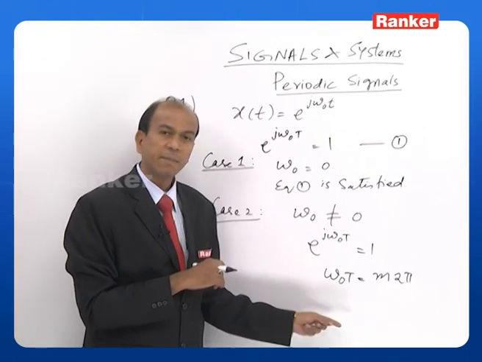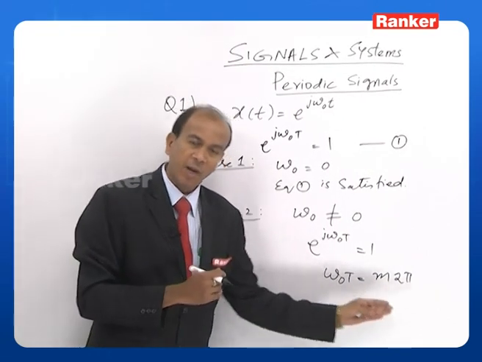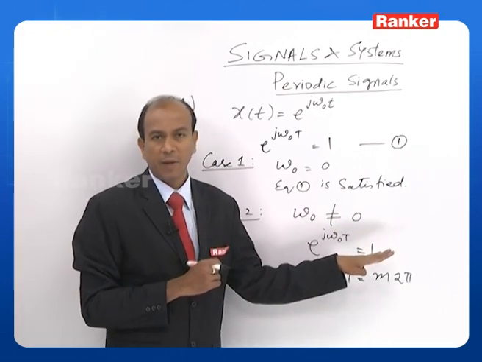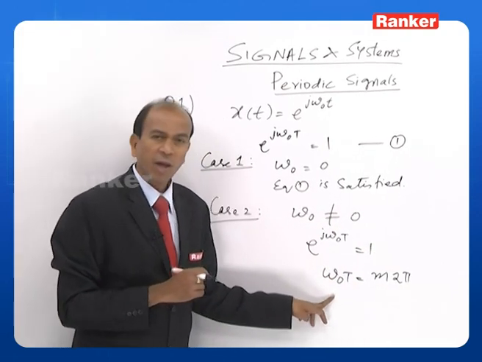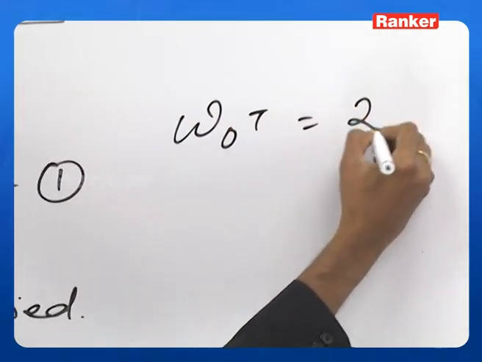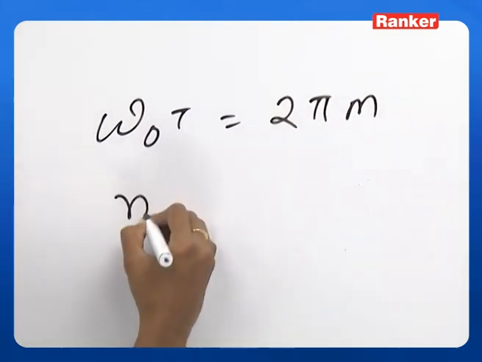That means, omega naught t must be equal to m into 2 pi, then only e to the power of j omega naught t will become 1. Okay. So, now from this, what is t? Omega naught t is equal to 2 pi m, where m is a positive integer.